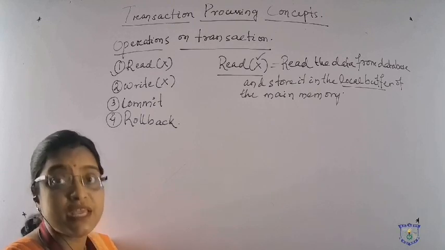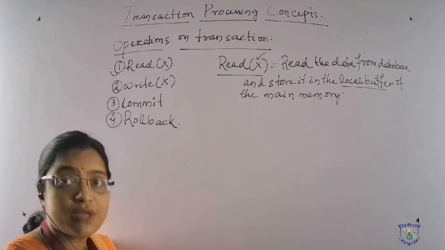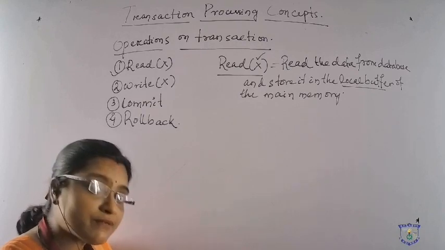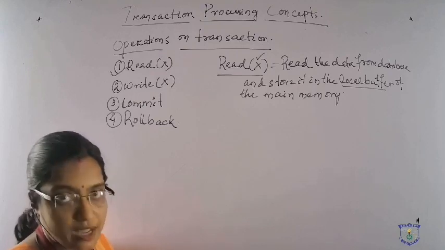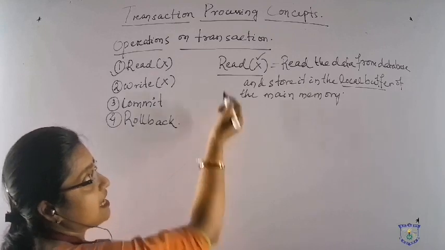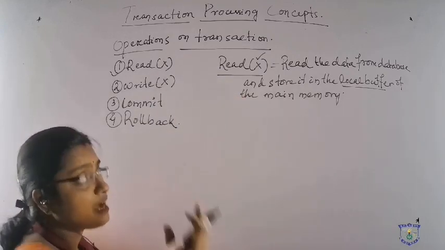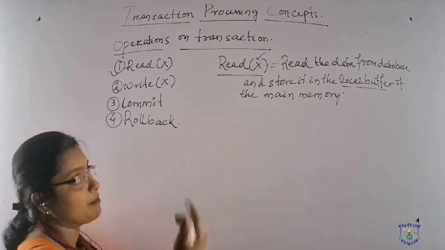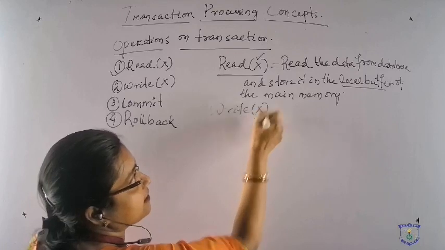For that purpose, we copy the data from the database into the local buffer and do all our operations there. When we are done with all the operations, the final value will be stored from the local buffer. So this is the objective of using the local buffer. In reading, we read the data from the database and store it in the local buffer of the main memory.